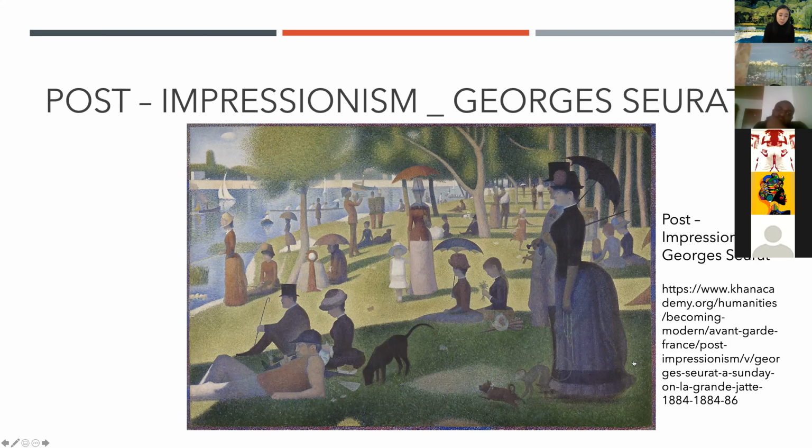So for example, to make the green color for the breast, he used the yellow dots and the blue dots. When lots of color dots are put together, they create new colors in the viewer's eyes.